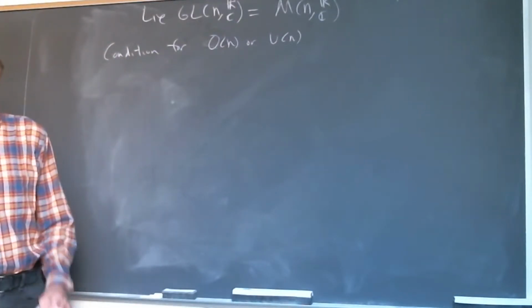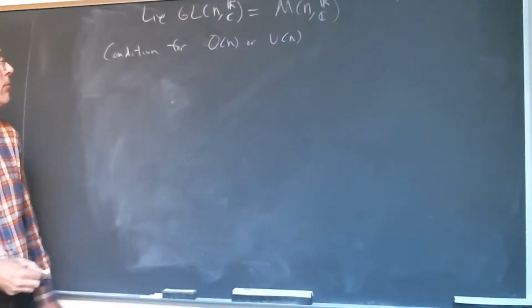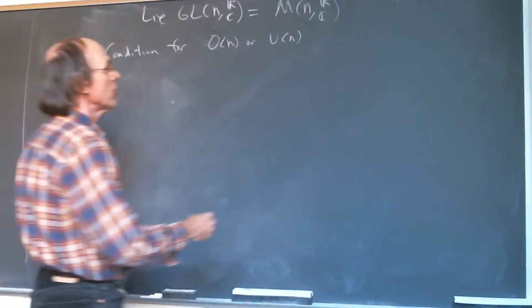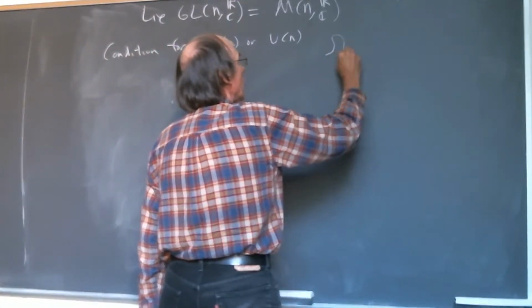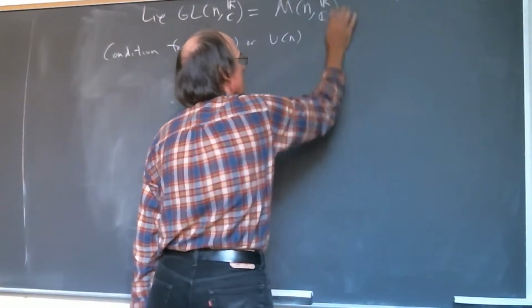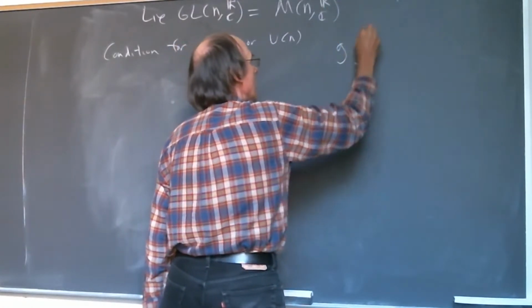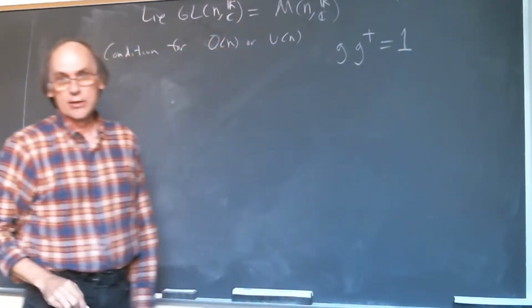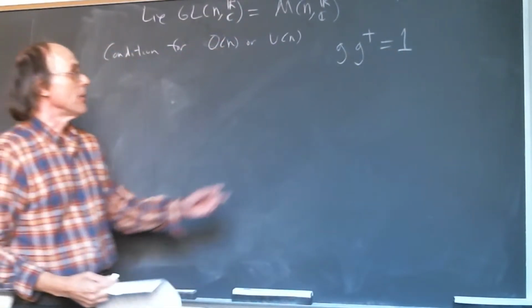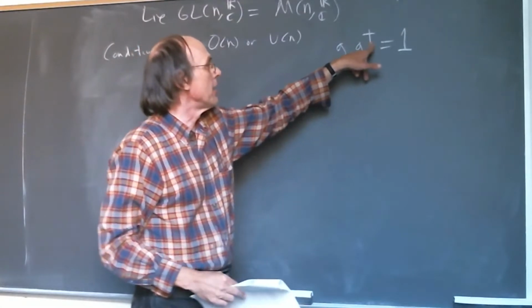One way of saying it is that if the group element G satisfies G times G adjoint equals the identity, in both cases.